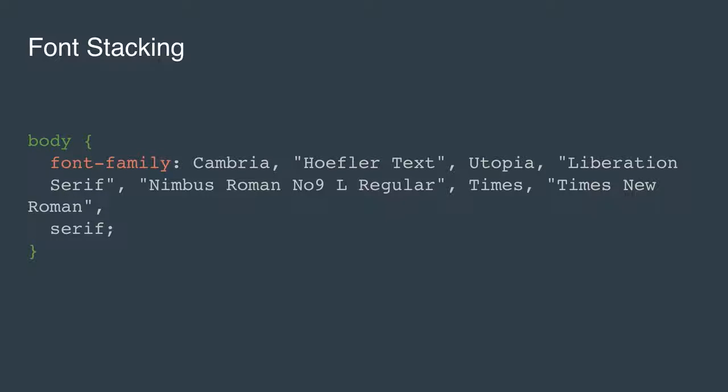And here's an example of font stacking. What do we mean by font stacking? If you don't have this one, check if you have this one down the line. We start with the font that we want to incorporate first, and if that doesn't match, then we move along down the line. If one type of font isn't supported, then we can move along to the next one that may be supported. What's going on with the quotes?